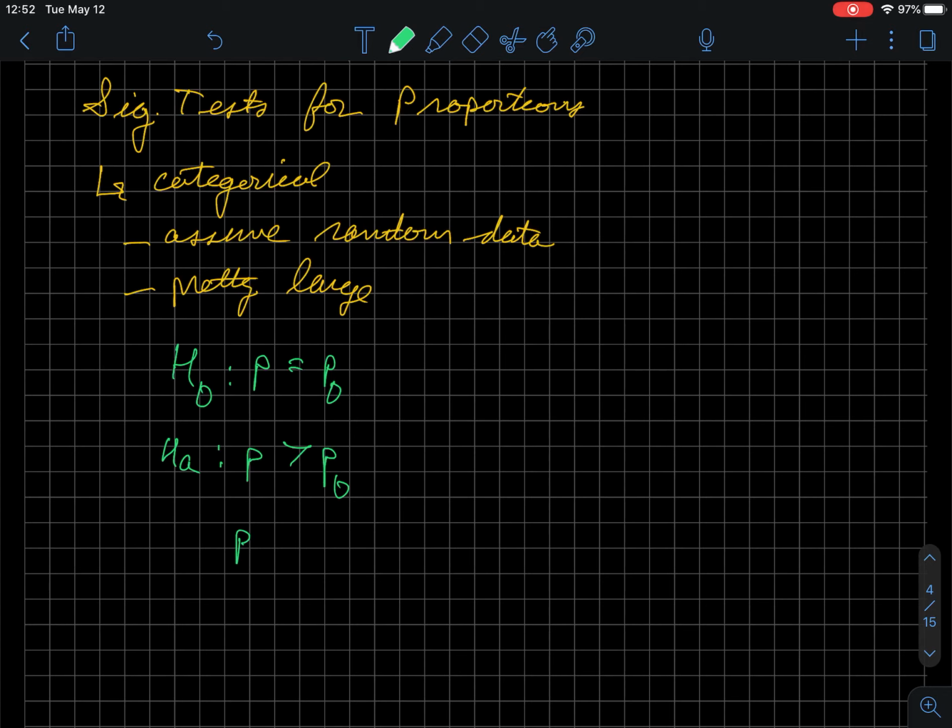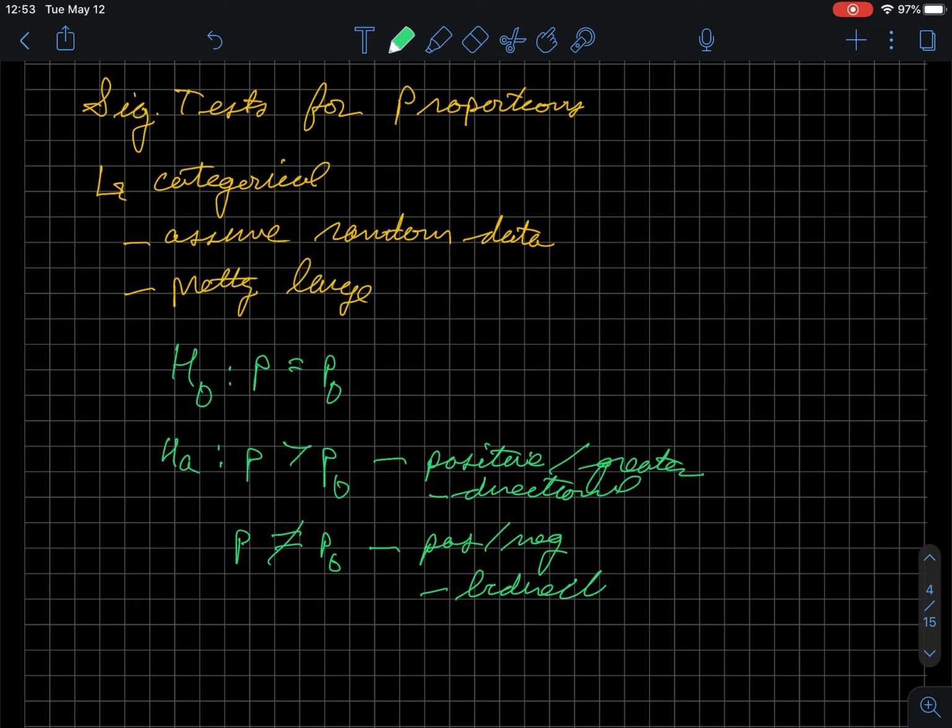Another way to do it, we could say, is not equal to this. So this one assumes it is positive or greater. This is a directional hypothesis. This one is positive or negative and bidirectional, because we think it could be less than a certain value or greater than.